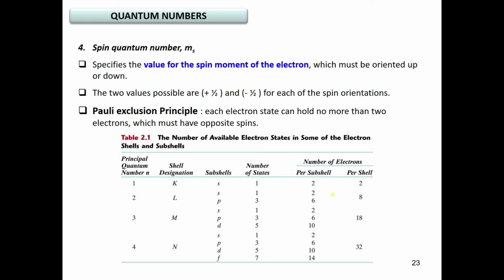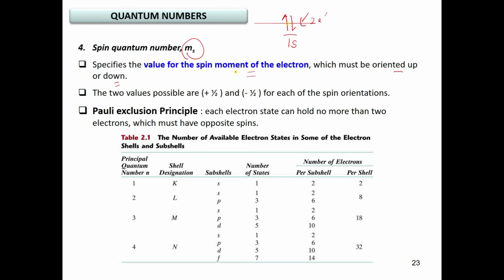Last but not least is the spin quantum number, known as ms. It specifies the value for the spin moment of the electron, which must be oriented up or down. At a specific state, say for example 1s, only 2 electrons can reside in this particular state: one electron having up spin and another having down spin.